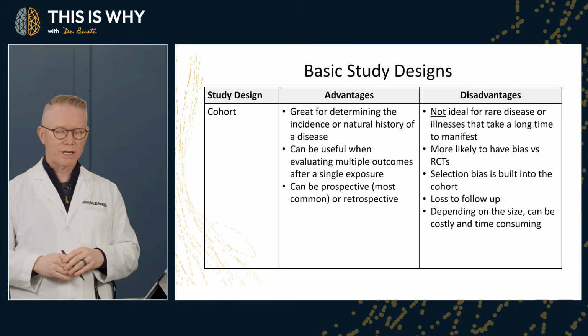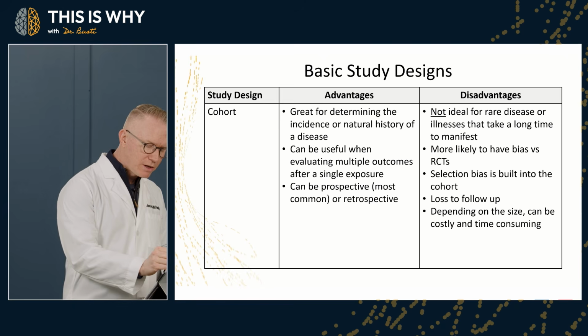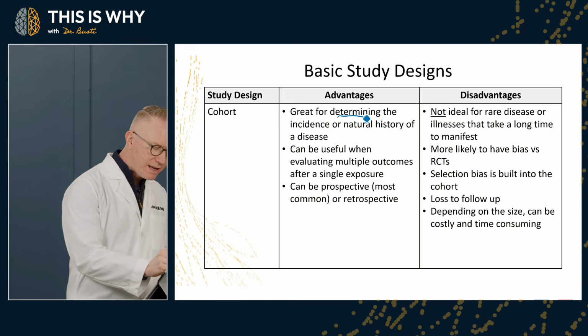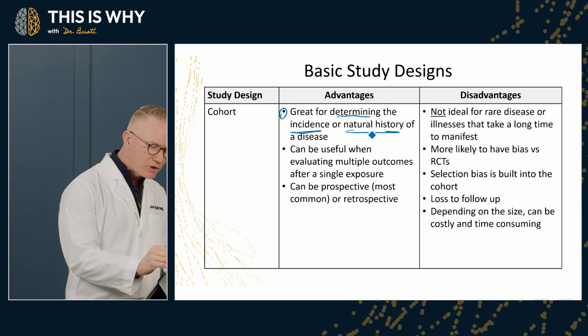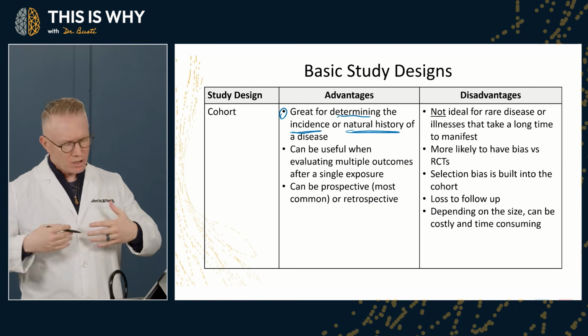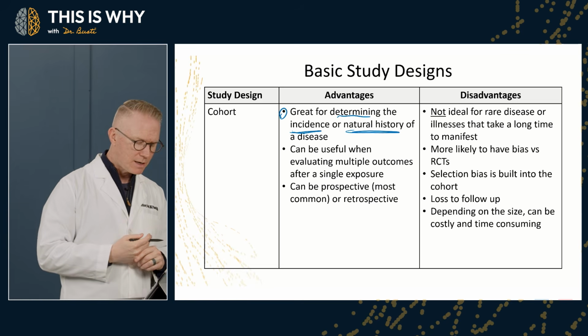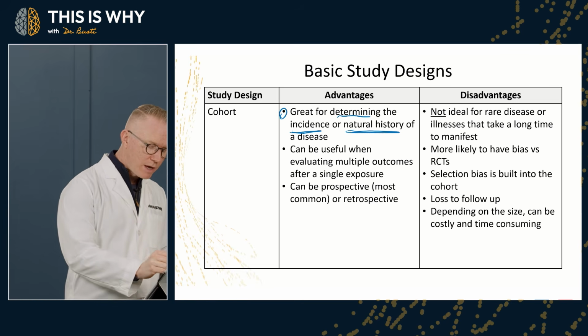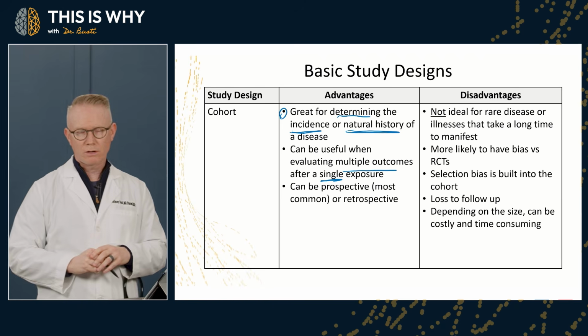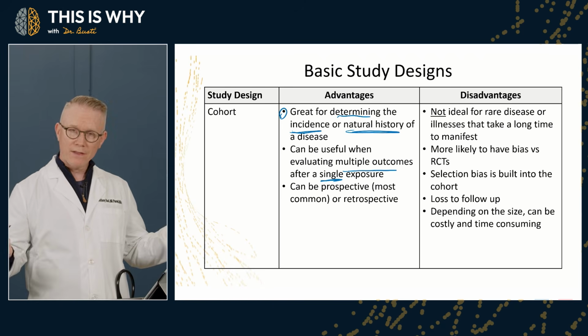And so cohort studies, their advantage is helping to determine the natural incidence or natural history of the disease. You follow it forward in time and see what happens, okay? They can be helpful when evaluating multiple outcomes after a single exposure, okay? You just define that up front.